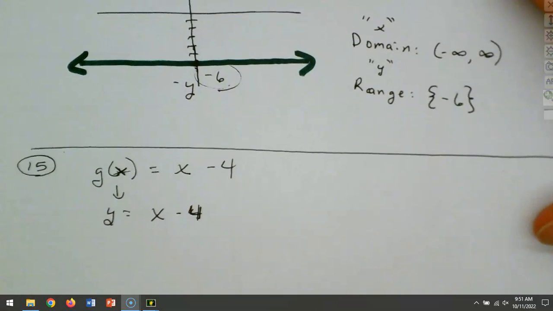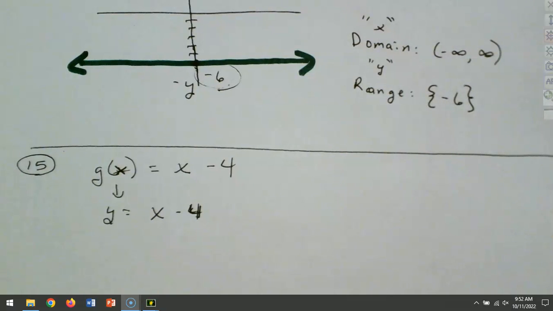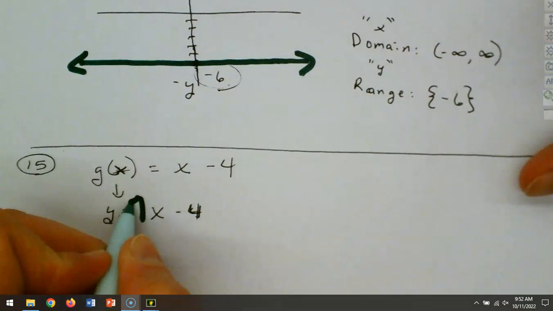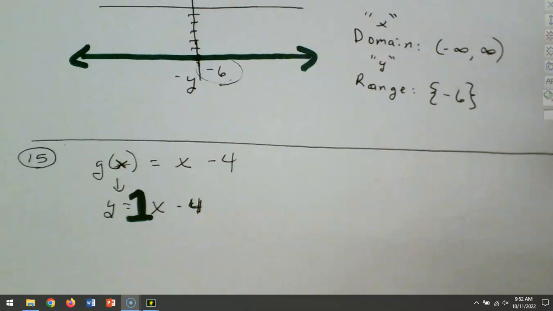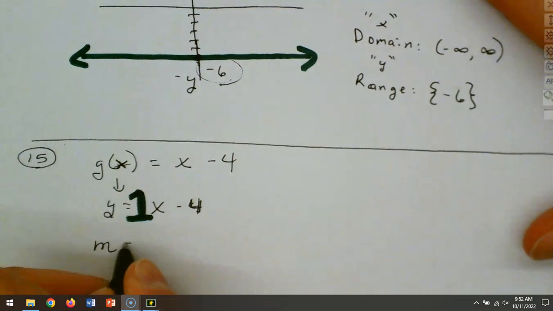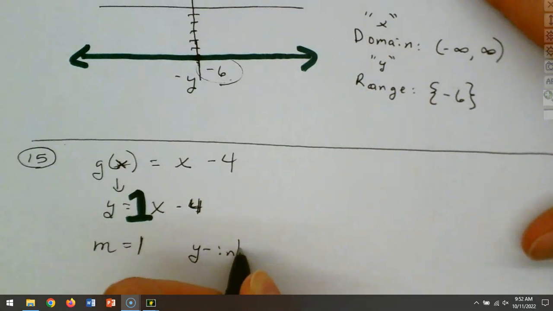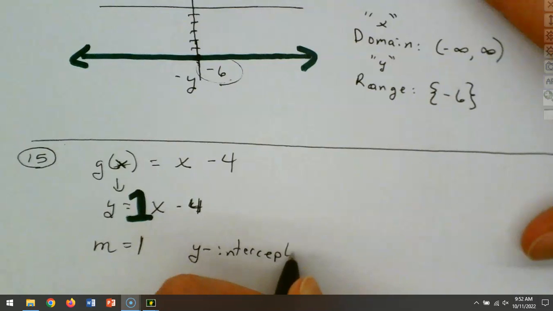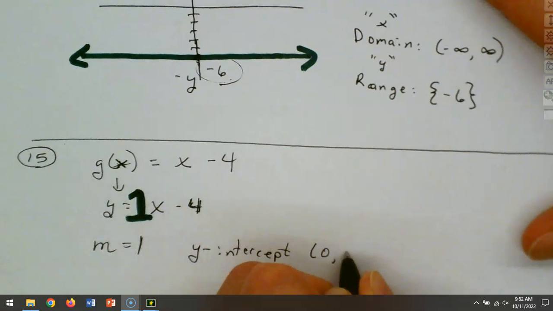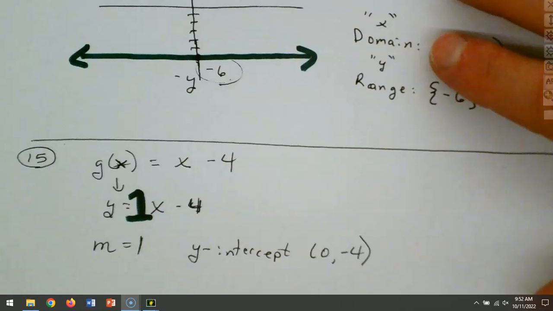And to graph a line, what do we need? We need a point, right? And we need a slope. There's no number in front of the x. So if there is no number in front of the x, that's like having a 1. So my slope is 1, and my y-intercept is an ordered pair, and that would be 0, negative 4.